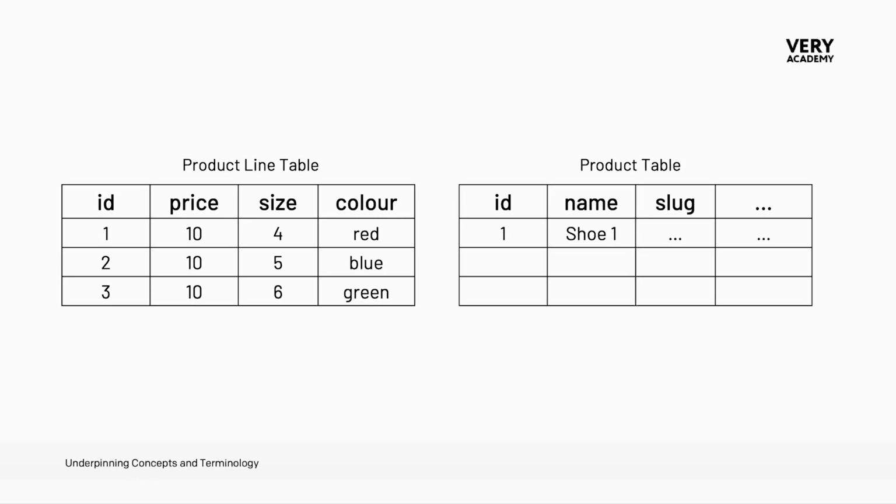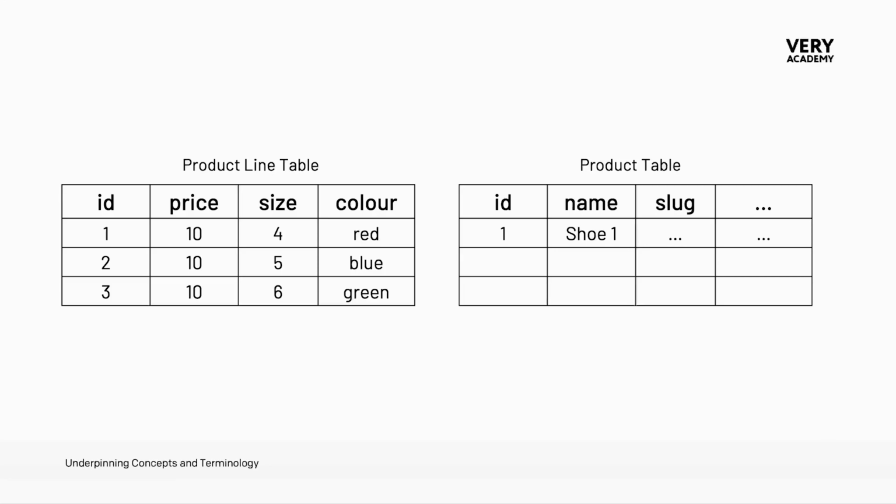The foreign key is in the product line table. Now, that means that if we delete any of the products in the product table that's related to any data in the product line table, the product line data will get deleted too. So in this case, if this shoe 1 was related to 3 records here in the product line table, when we delete shoe 1, the product line data will get deleted.